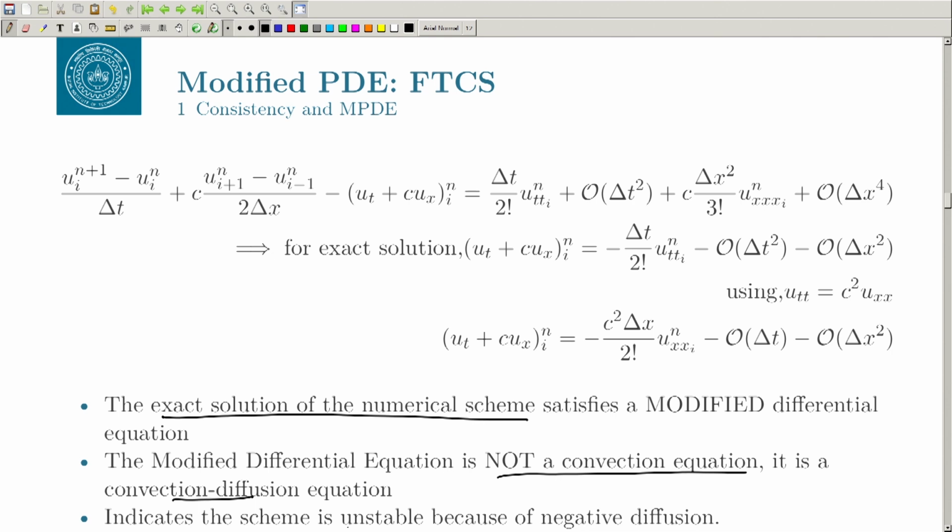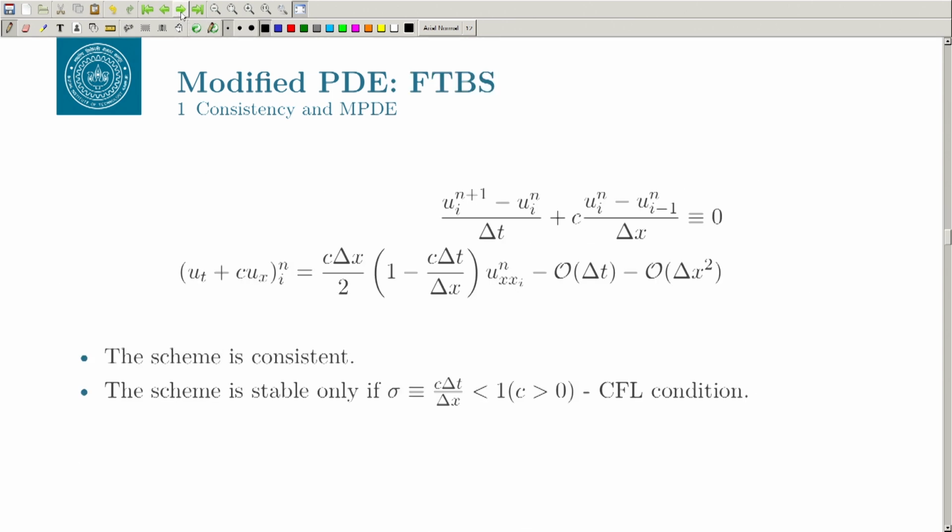For the FTCS, this scheme is unstable because of the negative diffusion, and if you go to the FTBS, forward time and backward space, this is stable only when lambda, or here it is sigma, basically C delta T by delta x is less than 1 and C is positive.